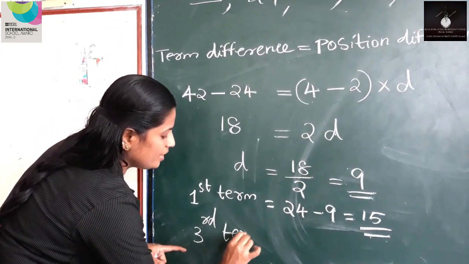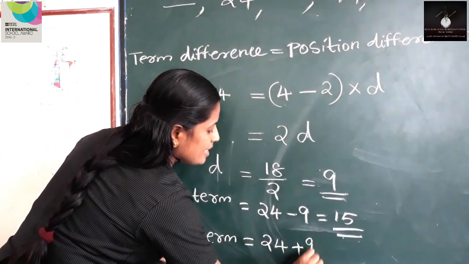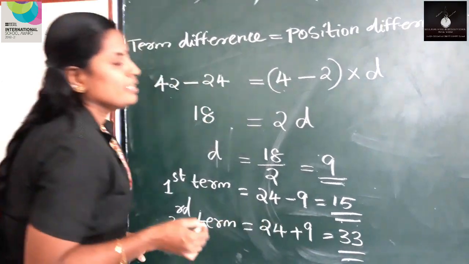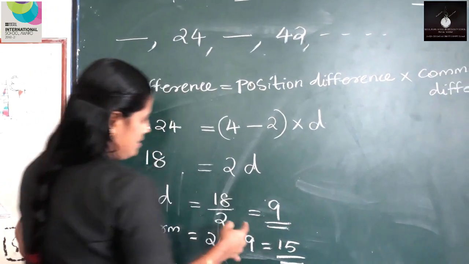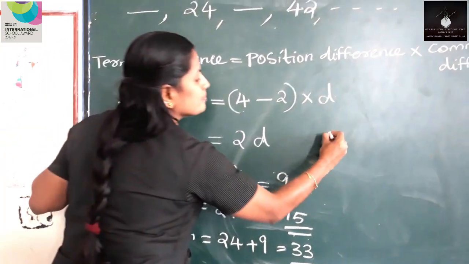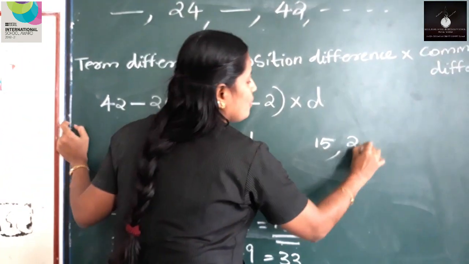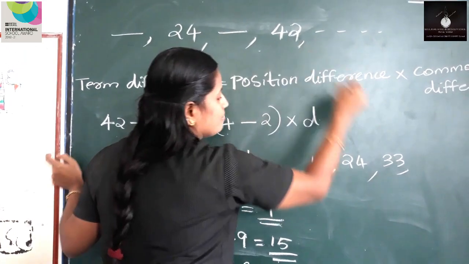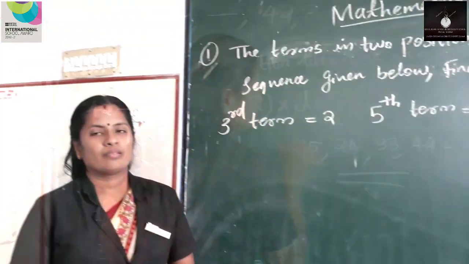Third term equal to 24 plus 9, 24 plus 9 equal to 33. So the sequence is first term 15, and second term 24, third term 33 and fourth term 42 and so on.